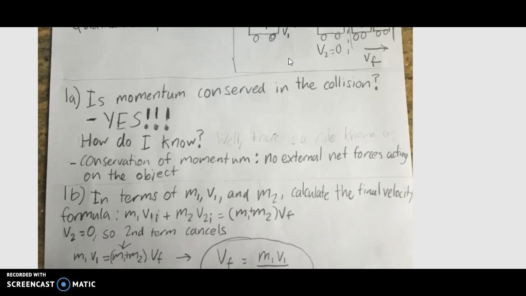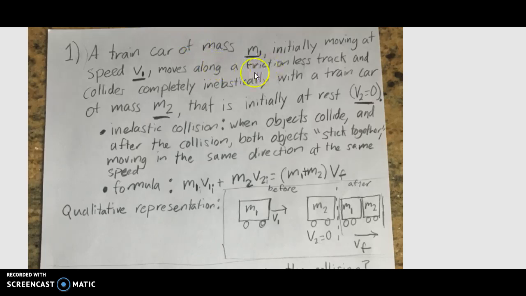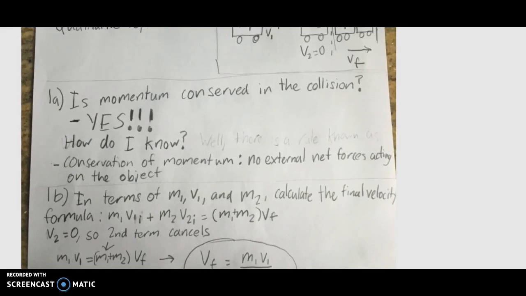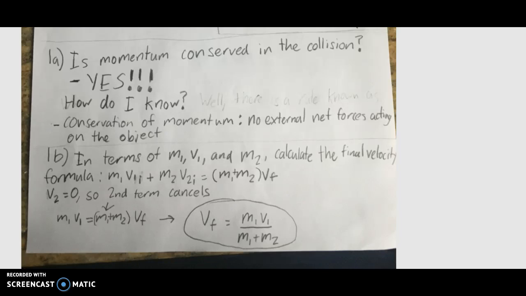In this case, there are no external forces, since it's moving along a specifically frictionless track. So everything that's happening between the train cars is only happening internally. m1 hitting m2 is part of the internal system, not the external system. It is an isolated system. Now we understand why the answer is a resounding yes.